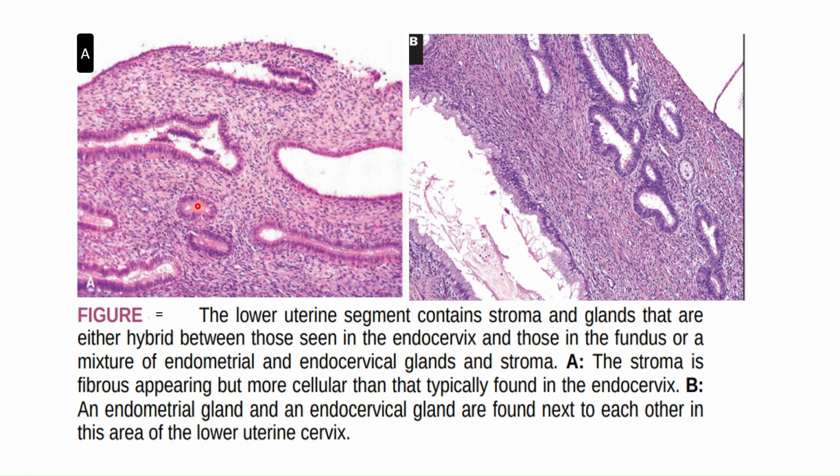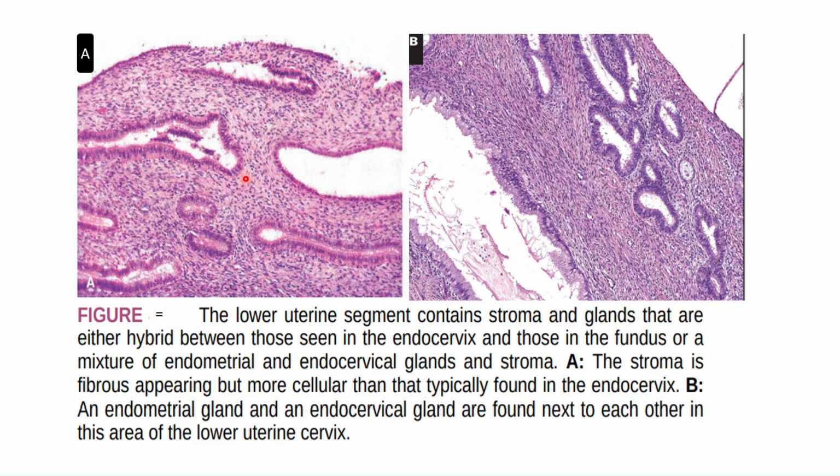Here you can see the lower uterine segment part in the section, where the stroma and glands have endocervical gland as well as endometrial gland. So this is an endocervical gland having mucinous epithelium, and this is the proliferative tubular gland of endometrium.